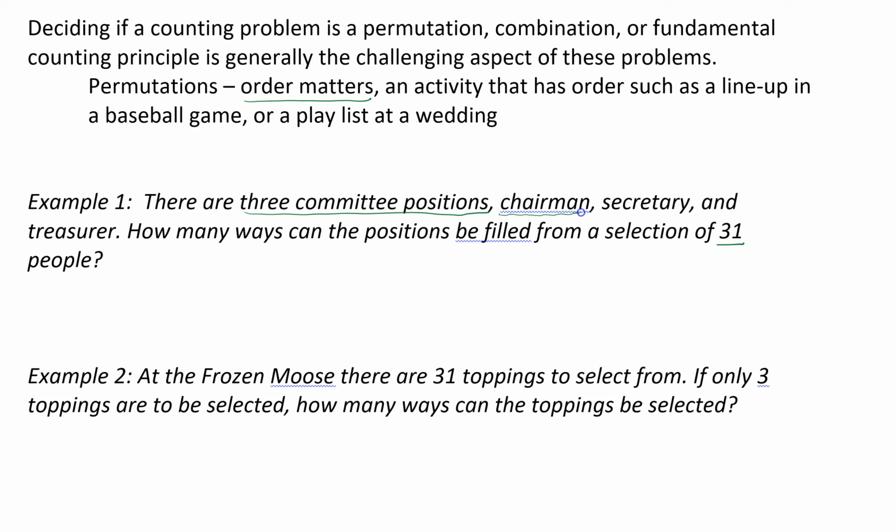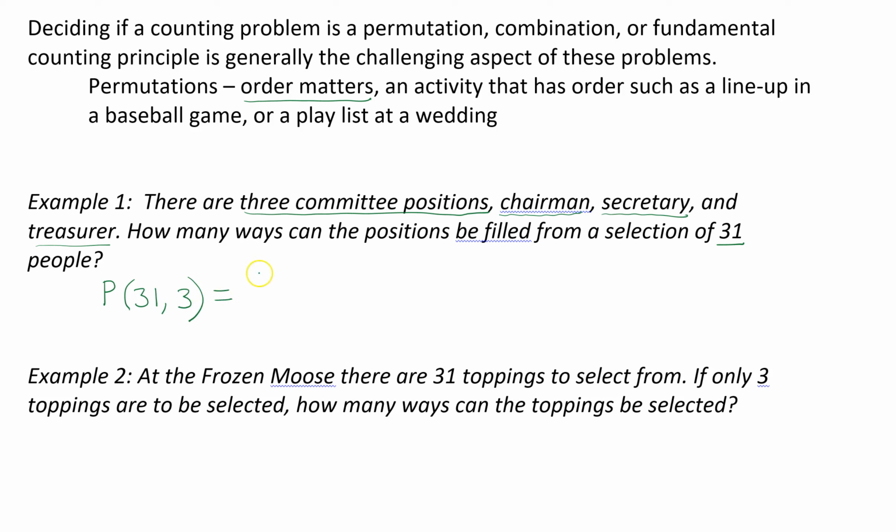If I was chairman, that would be a very different position than if I was secretary or if I was treasurer. That means this is a permutation problem. The order matters. It matters who is chairman versus who is secretary. There's 31 people to select from, and there are only 3 committee positions.